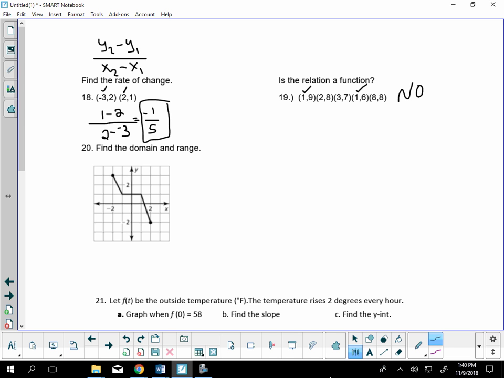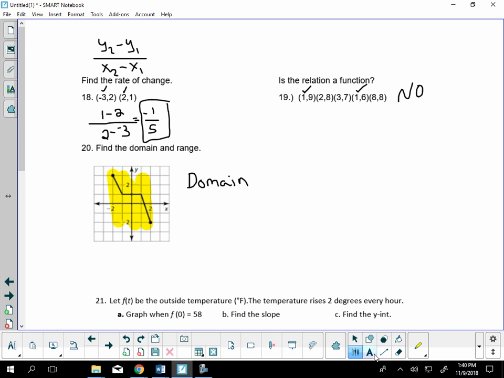So on number 20, we want to find the domain. The domain is our x values. So in this case, I think I'm going to do a little bit of highlighting on this. Everything is happening from negative 2 to 2.